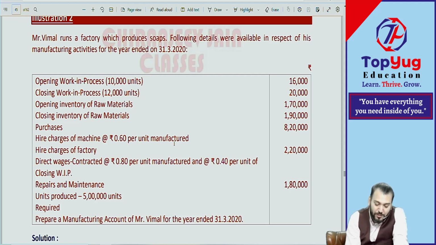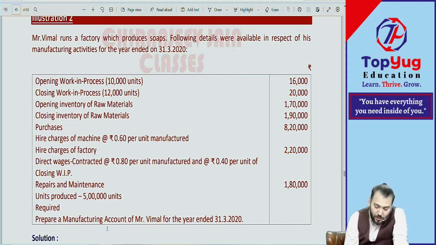We need to find out how many units manufactured. Hire charges of factory, direct wages contracted at a rate of 0.85 per unit manufactured and at a rate of 0 per unit of closing WIP. Repair and maintenance. Units produced are 5 lakh units.